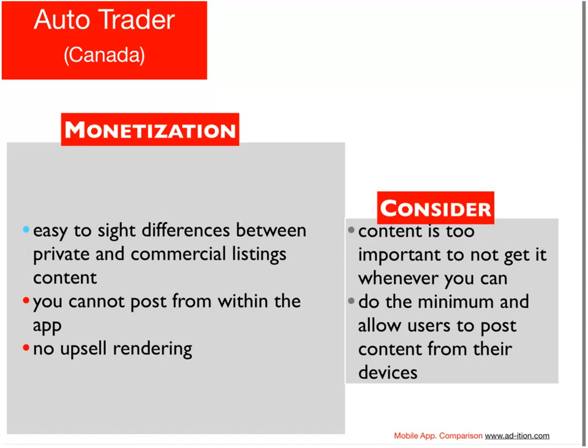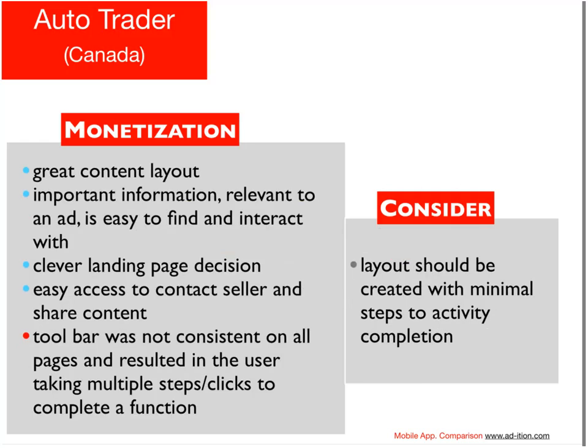Now, I'll say this. This is the new version of the app, which was released, I want to say, late summer, early fall. So it could be that improvements to allow people to post ads are coming. But at this point, it was a little odd that you couldn't even post a free classified ad. So that functionality is not available when it comes to this part of Auto Trader.